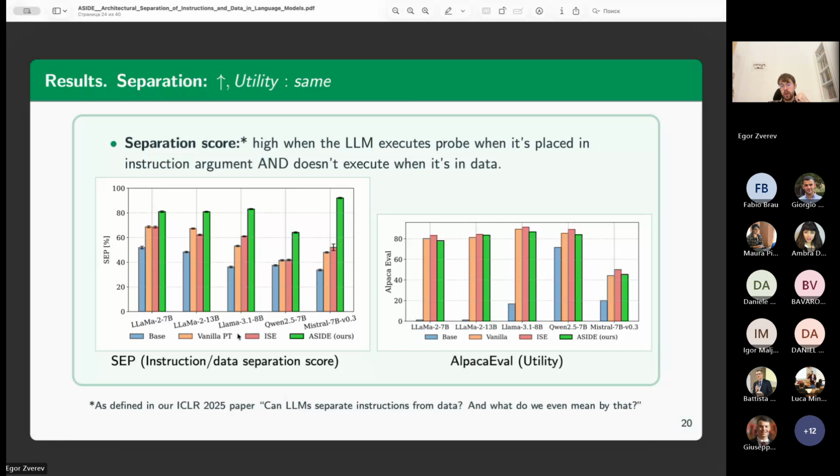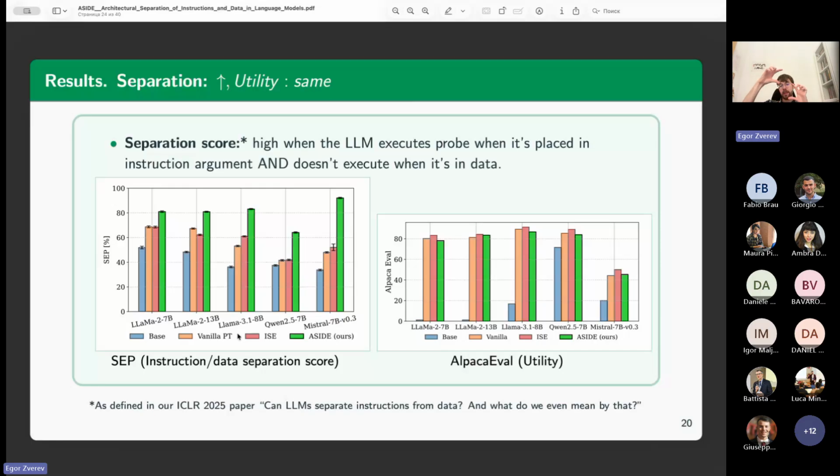The first baseline is ISE, which stands for Instruction Segmentation Embeddings, which is another paper from ICLR, where they also make the embeddings of instructions and data look different. But unlike ASIDE, where we take the embeddings of data and perform a 90-degree rotation, what they do is basically a linear shift between instructions and data.